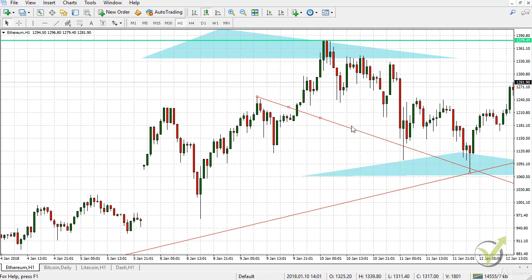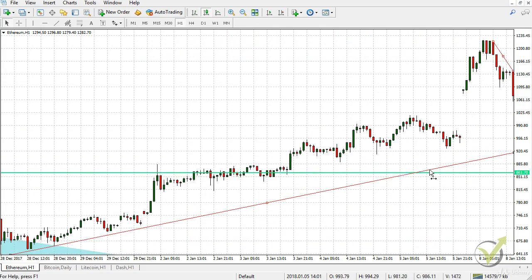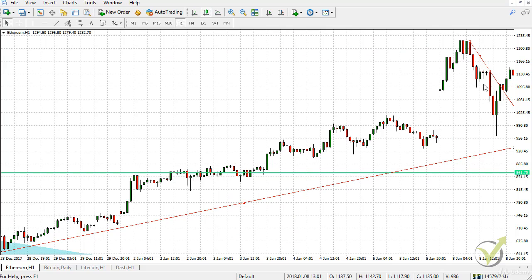Now if I go back, you will see that this counter trend line could actually be in many places, right? It could be here connecting some of these highs, or I can put it here and draw it here. You will see it will give me another great entry. So what's the idea here? We are in an uptrend, the price reverses, okay, but we don't know how far it will go down.